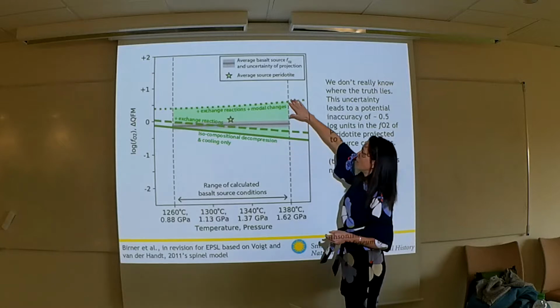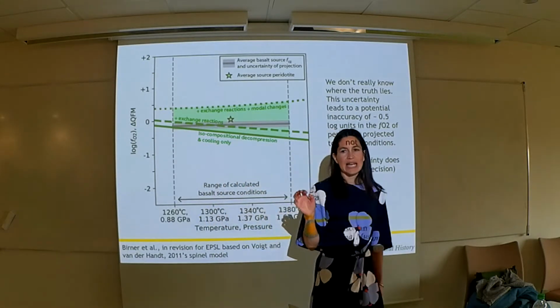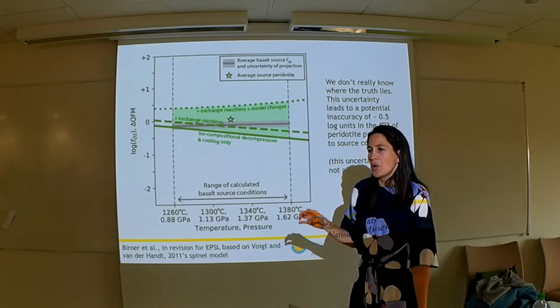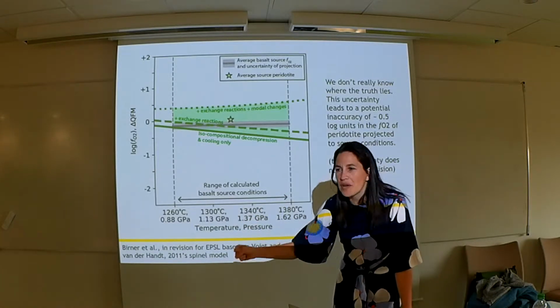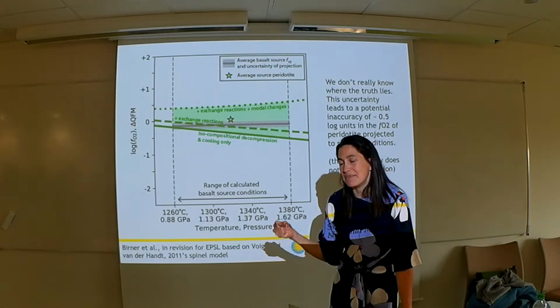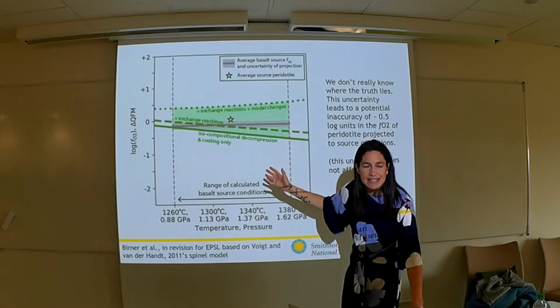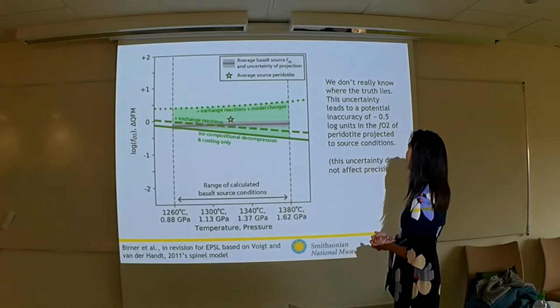There's about half of a log unit of uncertainty in what this cooling and decompression will do to the peridotites. We want to know what the peridotites' fO2 was before they melted, right? We don't have the data and models to do that yet. We have about a half log unit, at least, uncertainty in how to project to higher pressures and temperatures.